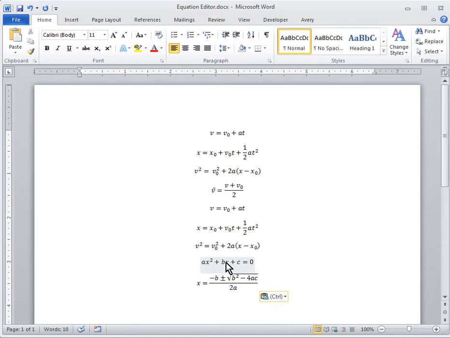Whatever happens to be multiplied times x is b. And all the constant terms added together would be c. And once you know a, b, and c, the general solution for this equation is x equals a ratio of minus b plus or minus the square root of b squared minus 4ac, over 2a.